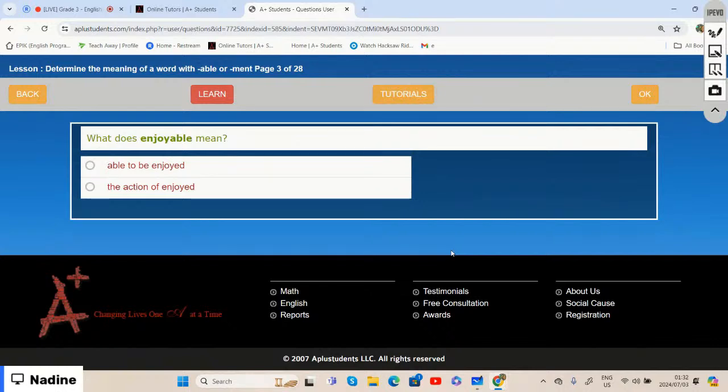Enjoyable. So, what does enjoyable mean? Is it able to be enjoyed, option one, or the action of enjoyed, option two? Enjoyable. Able to be enjoyed, option one, or the action of enjoyed, option two.